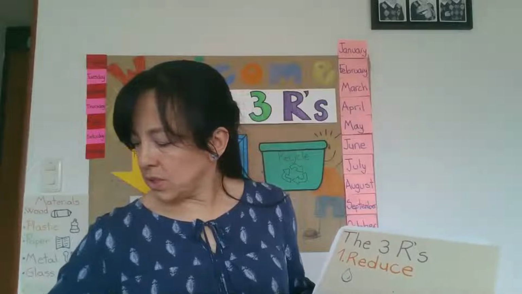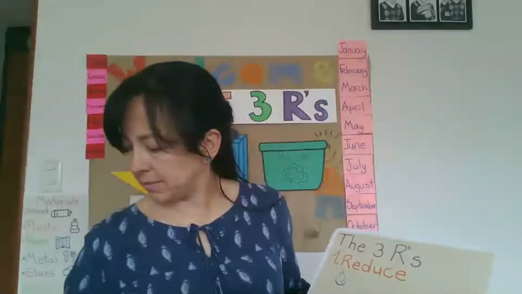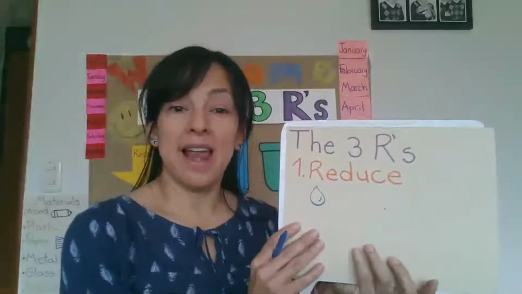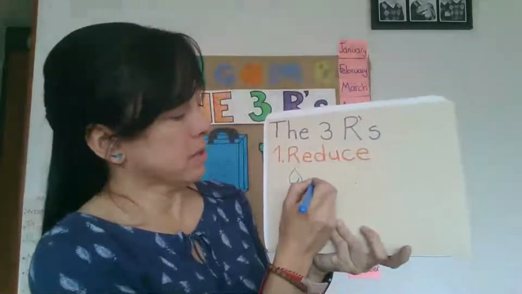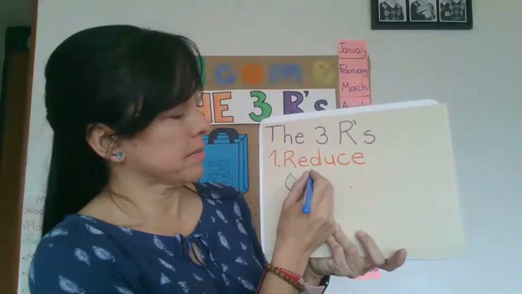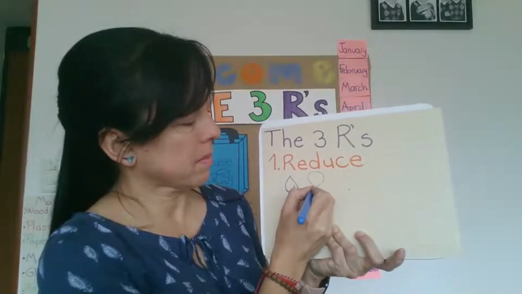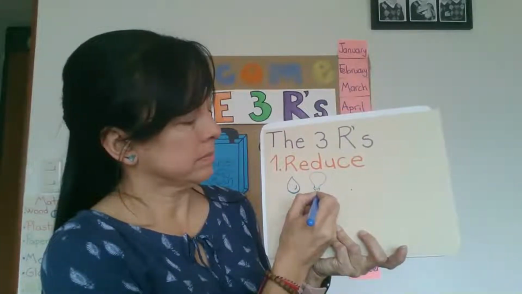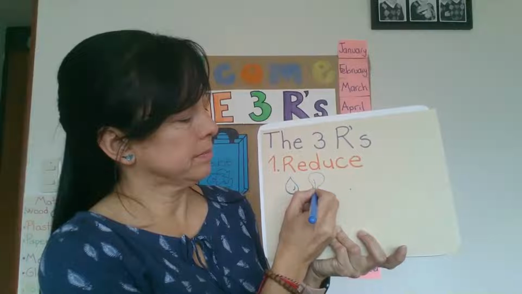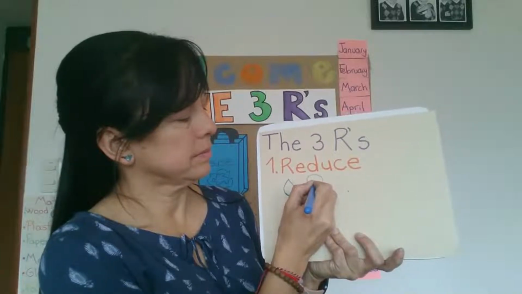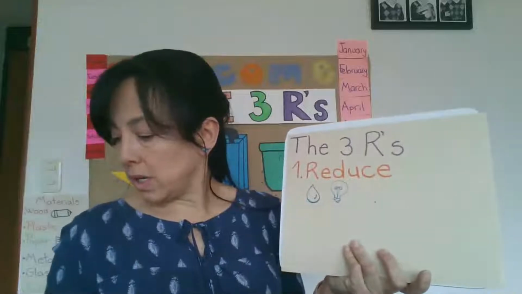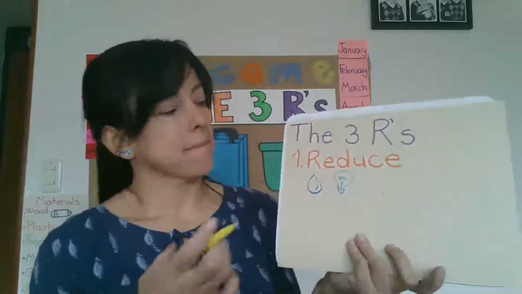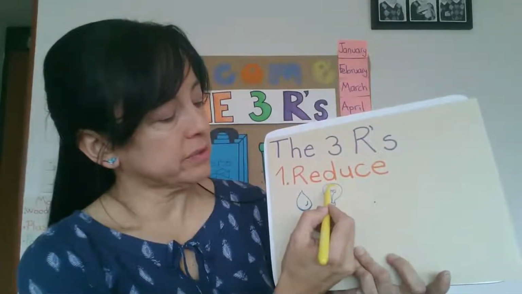I'm going to use a black marker or blue marker, it's okay, okay. And we are going to draw the light bulb. And we can color it with a yellow color. And we are going to save electricity.